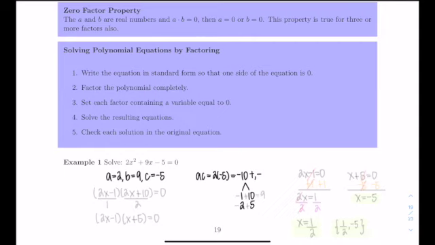Since our B is positive 9, that means that the bigger factor is positive and the smaller factor is negative. And so negative 1 plus 10 would give me the positive 9 I'm looking for. So we bring down the leading coefficient and we split the x's. And then we fill in the remaining pieces with negative 1 and positive 10.